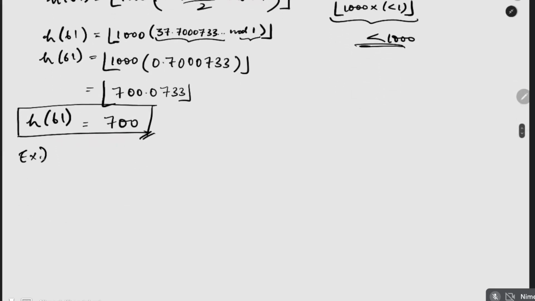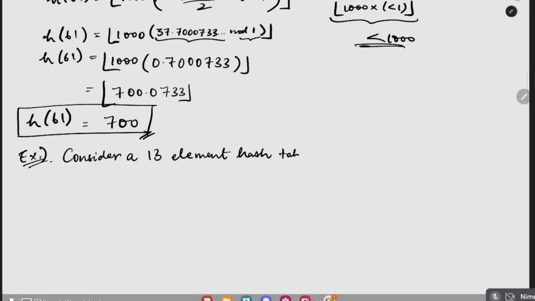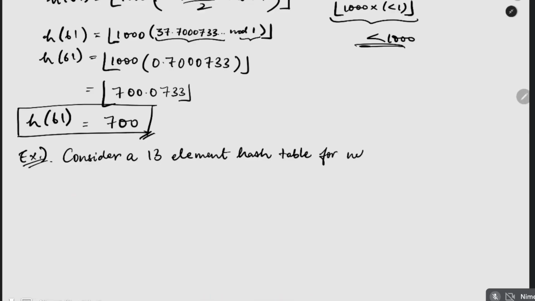Let's take one more example. Consider a 13 element hash table for which f of key is key mod 13, used with integer keys, right?